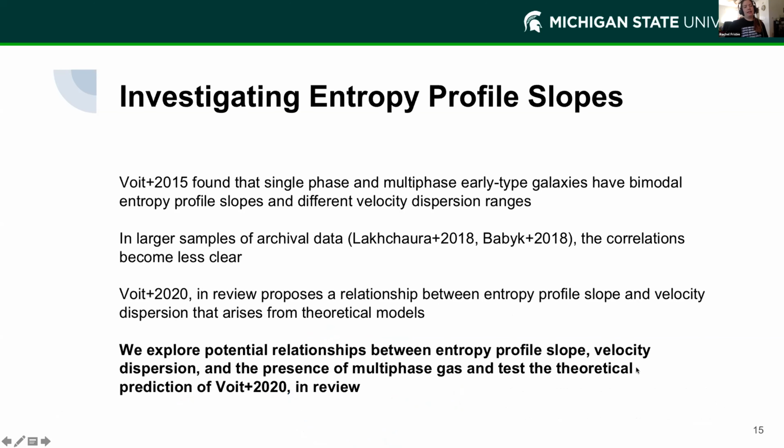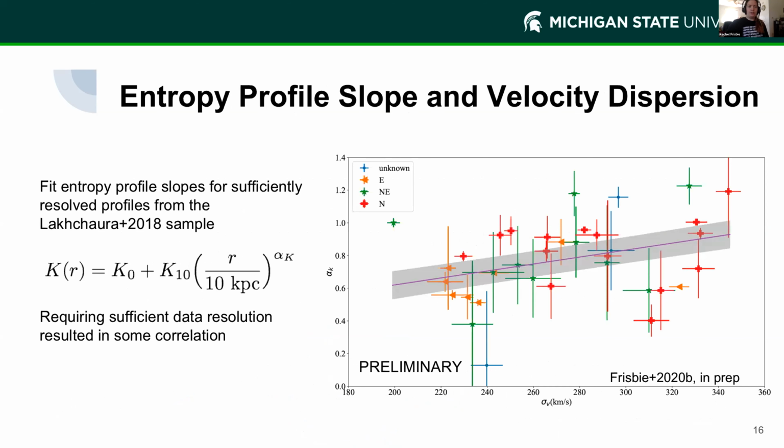So we set out to explore some potential relationships between the entropy profile slope, velocity dispersion, and the presence of multi-phase gas, and then test this theoretical model from Voit 2020 in review. So first, we took all of the galaxies with entropy profile slopes from the Lakhchaura 2018 sample, and we fit them for a central entropy, this K naught here, for profiles that were sufficiently resolved.